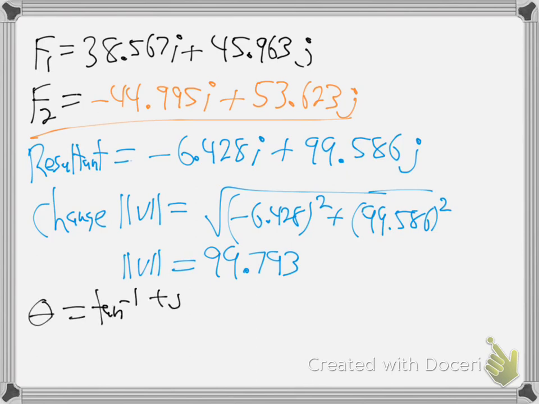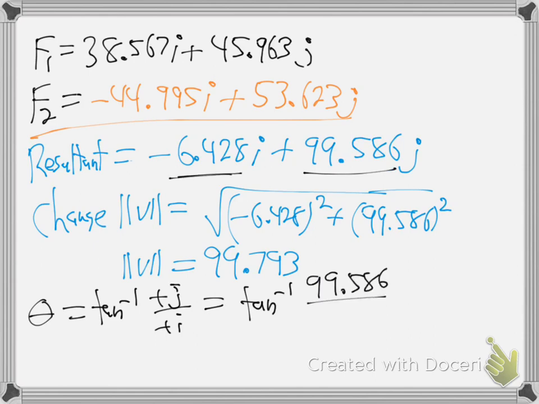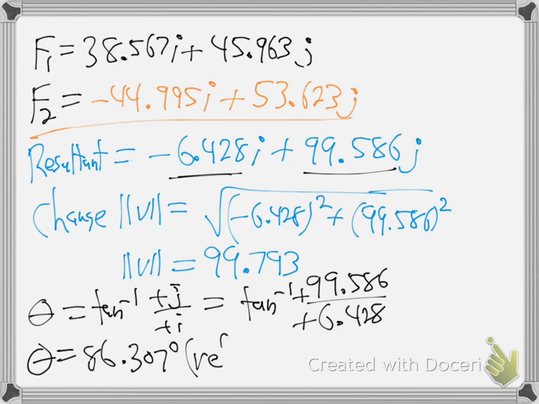Tangent inverse of the positive j over positive I. So tangent inverse of 99.586 over positive 6.428. And I'm getting theta equals 86.307 degrees. But that's just a reference angle.